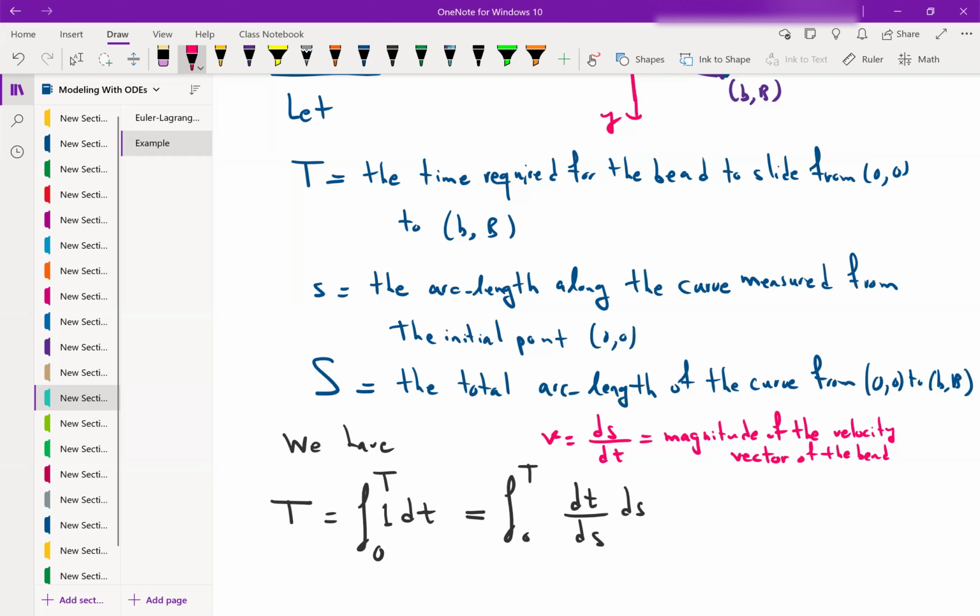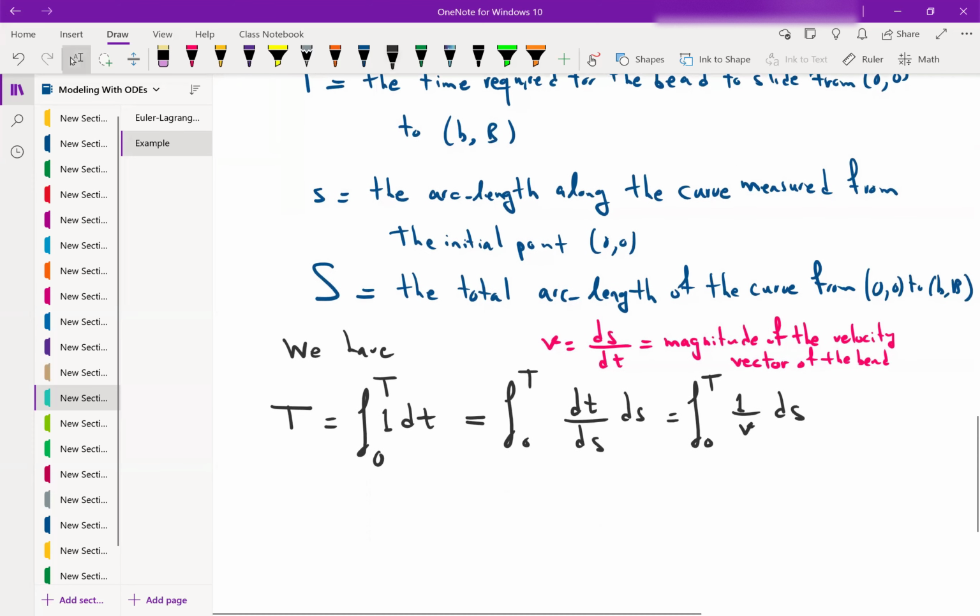So I'm thinking about the inverse of a function and the chain rule and so on and so forth. Since ds/dt is v, dt/ds will be 1 over v. So this is the integral from 0 to T of 1 over v, the magnitude of the velocity vector, ds. All right, so far so good.